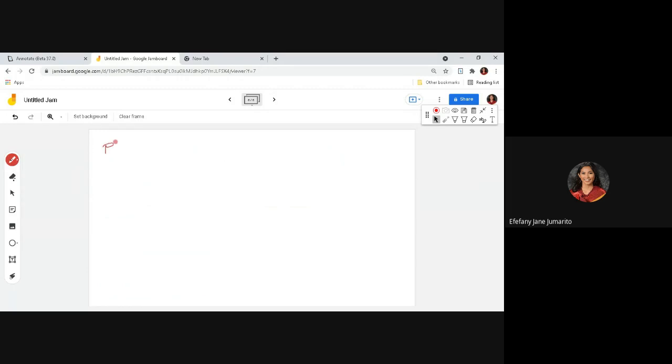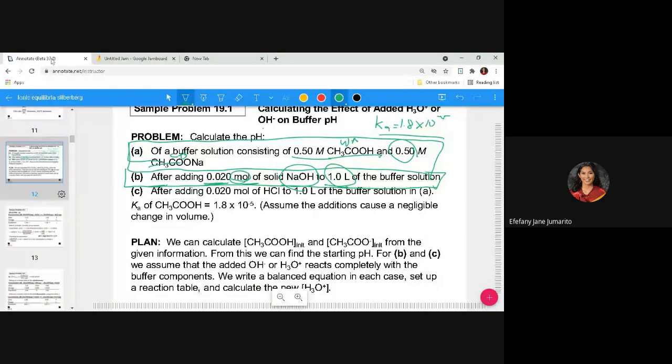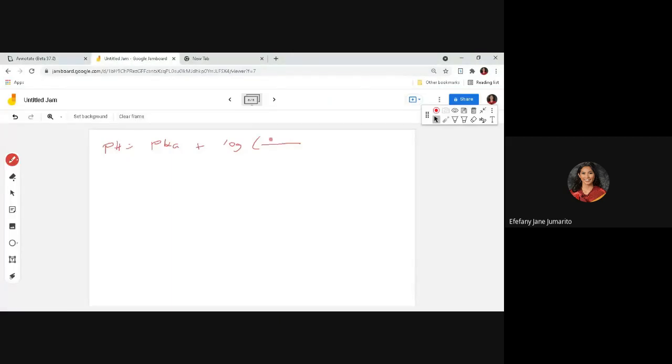So pH is equal to pKa plus log of the concentration of CH3COONa over the concentration of CH3COOH. Now let's use this table: before addition, then you add, and then after addition.